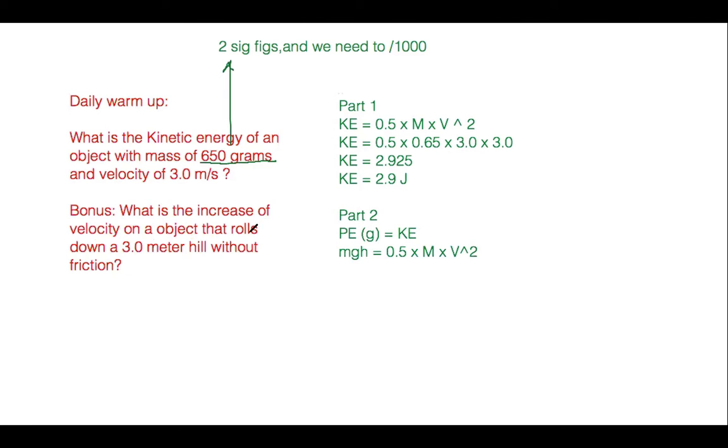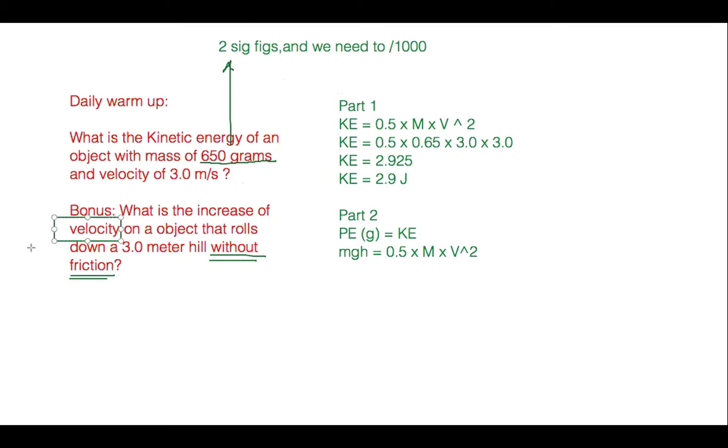Now, the important thing here is it is without friction, so we know there's nothing else going on. It's just purely potential energy turning into kinetic energy. So we can use this equation here. The first thing we need to know is how to set it up. Again, to reiterate, we see that we have velocity.